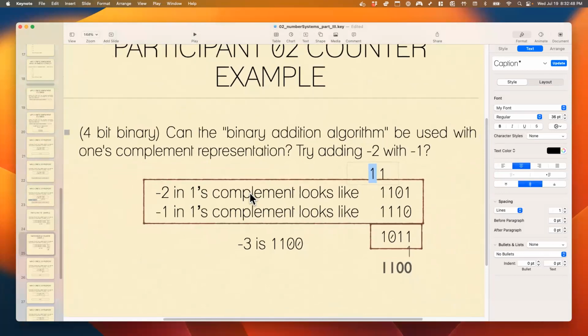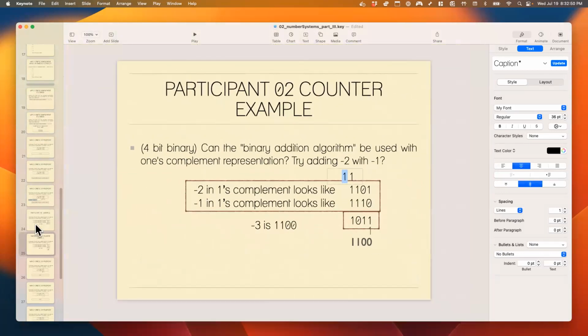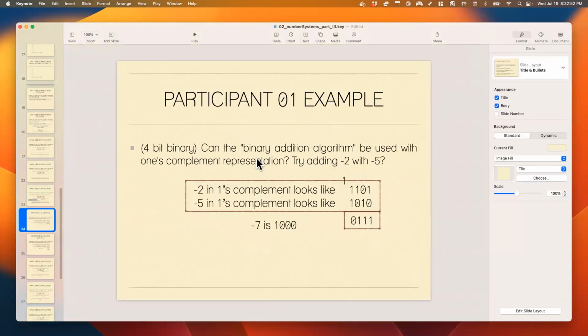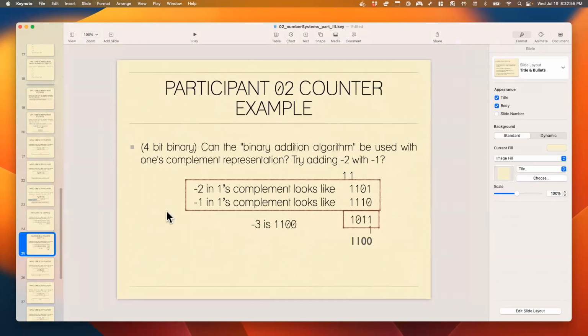I think I really liked what we did. I liked this example that we started with, and I liked what we have here.